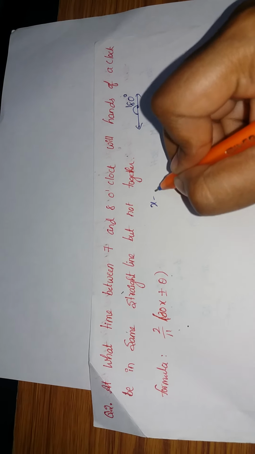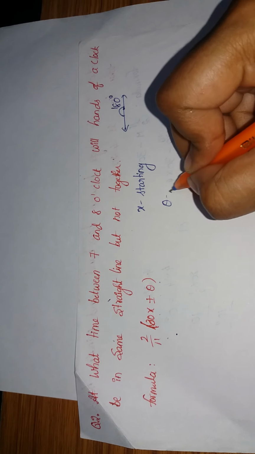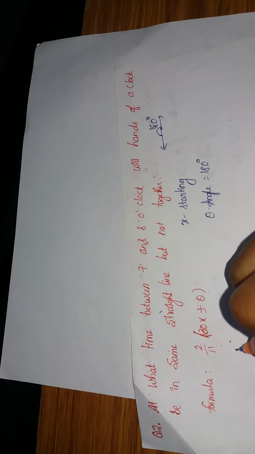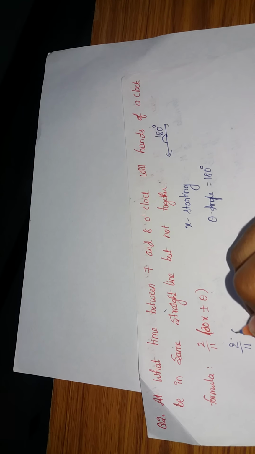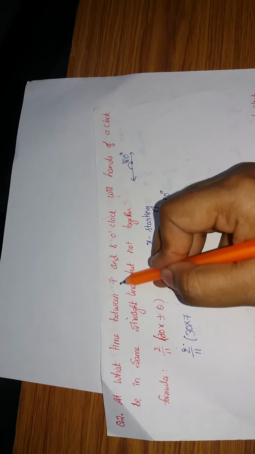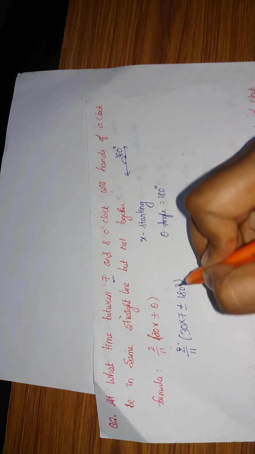Here x is the starting time and theta is the angle between them. The angle is 180 degrees. So here we have 2 by 11 into 30 into 7, where the starting time is 7, plus or minus 180 degrees.